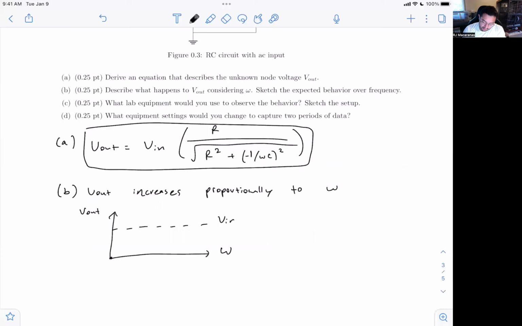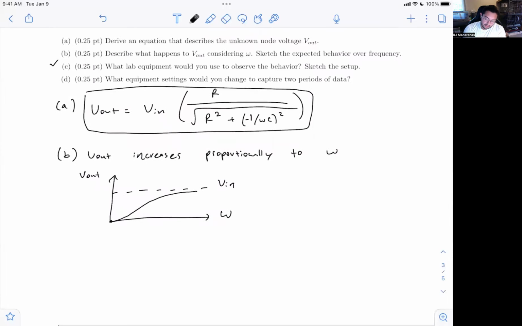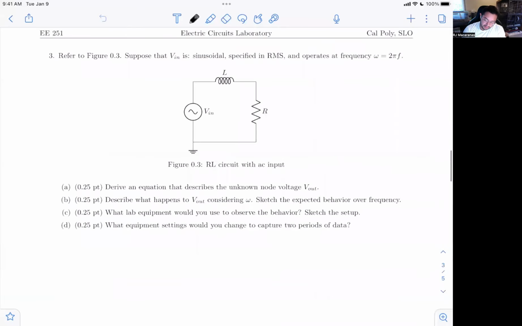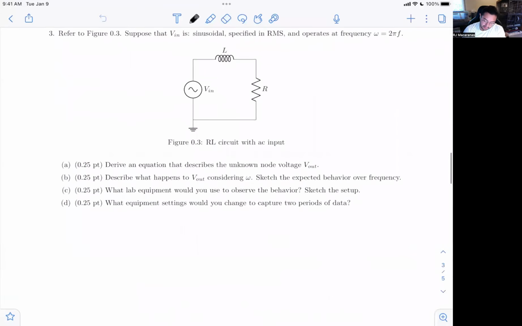And as omega increases, we're also increasing to that input voltage. And for part C and D, these are the same across the other two versions, so I'll just skip those and then we'll move on to version 3, question 3.